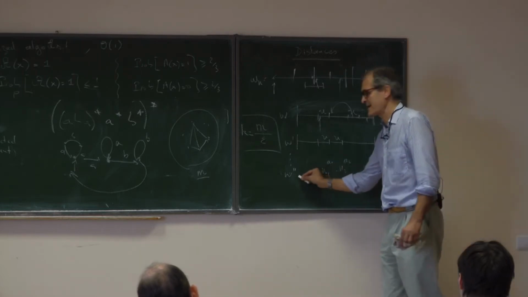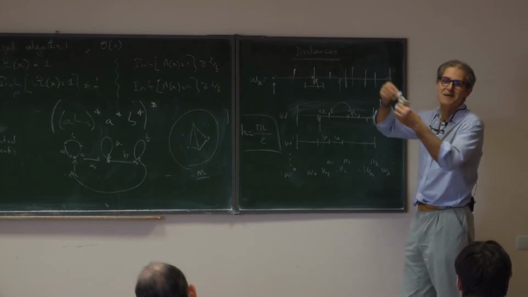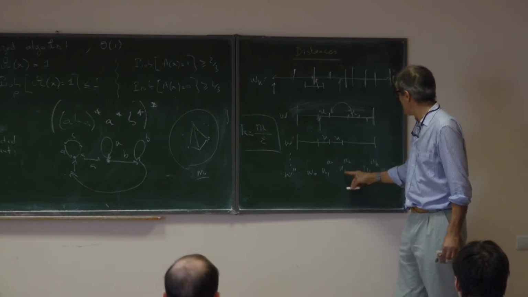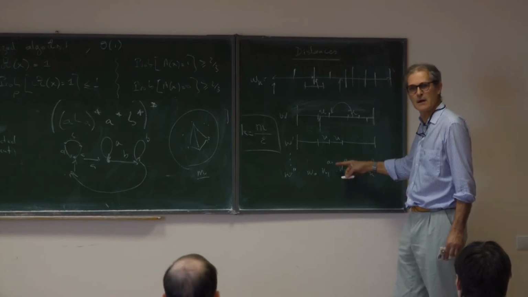So what I'm saying is that I can, with a few moves, how many moves is what we have to figure out, stick all the simple loops together to some power.